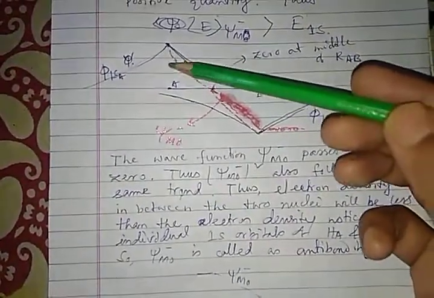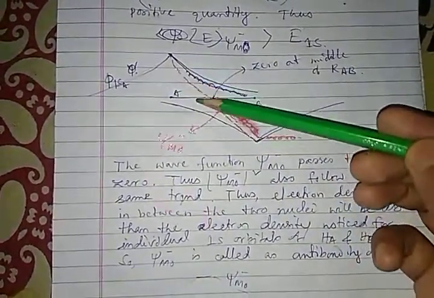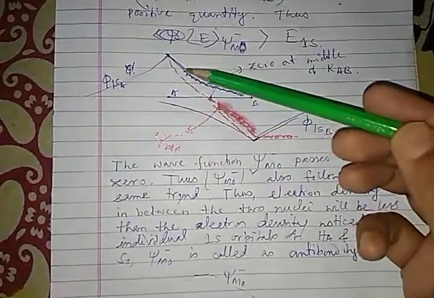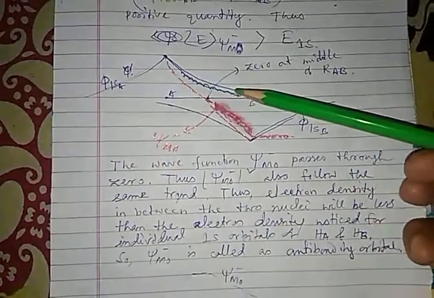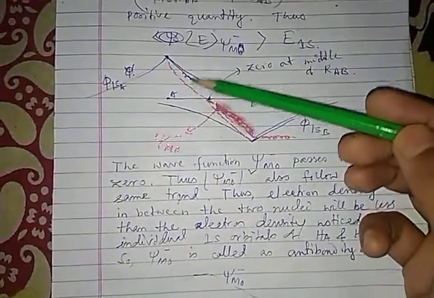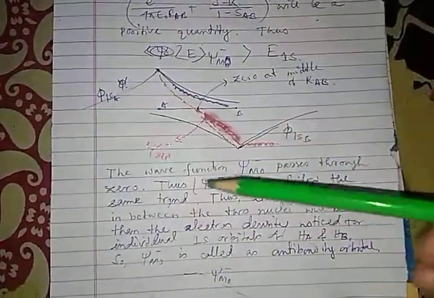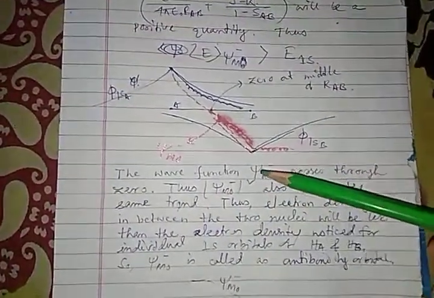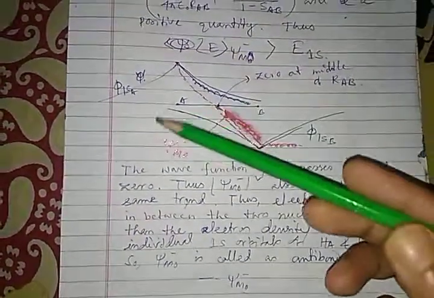Again you can notice that along the internuclear distance there is always a decrease in the electron density from the actual electron density of your atomic orbital. That is, the value of this line is always lower than the atomic orbital value. That means you have a lower amount of electron density compared to the atomic orbitals along the internuclear distance.